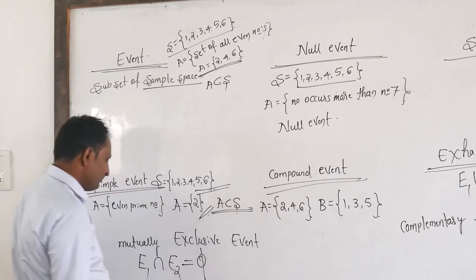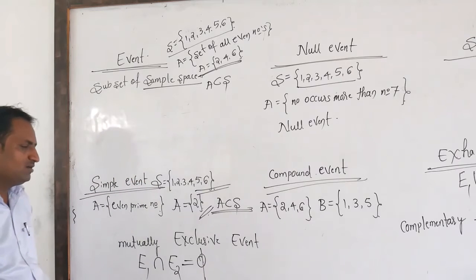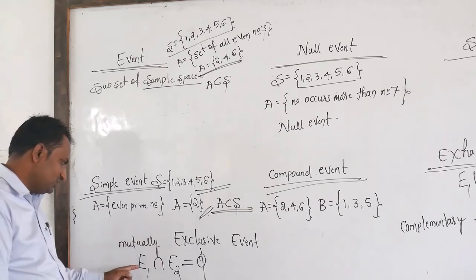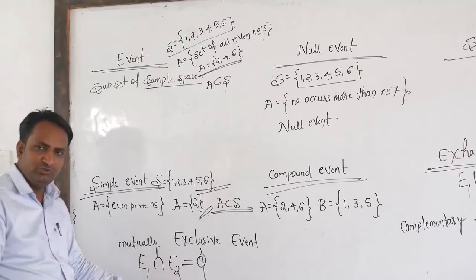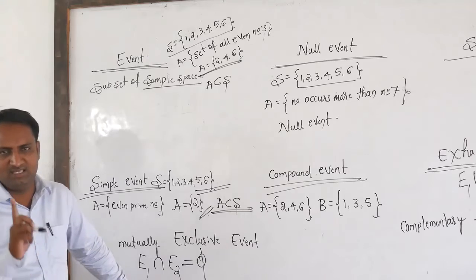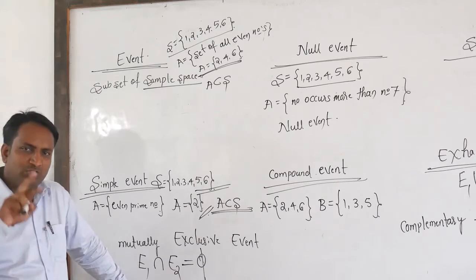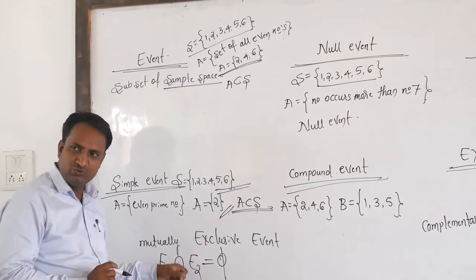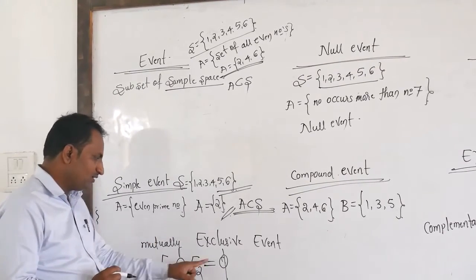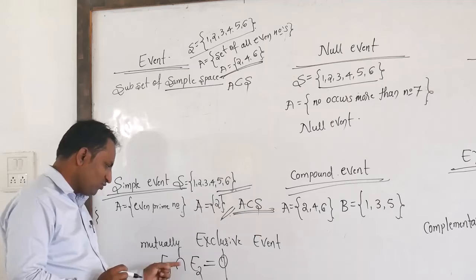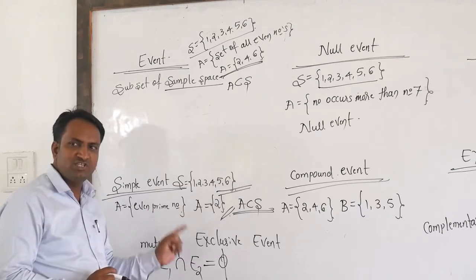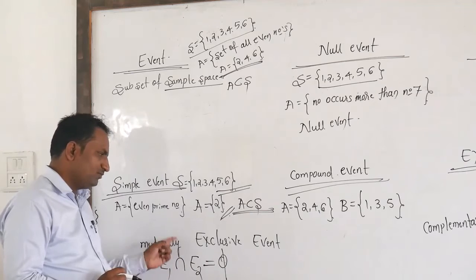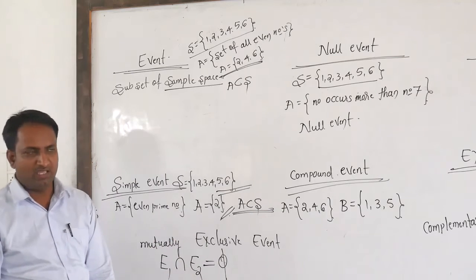Then definitely these two events are called mutually exclusive events. E1 and E2 are the two events. If the intersection of these two events is equal to the null set, then definitely E1 and E2 are called mutually exclusive events.